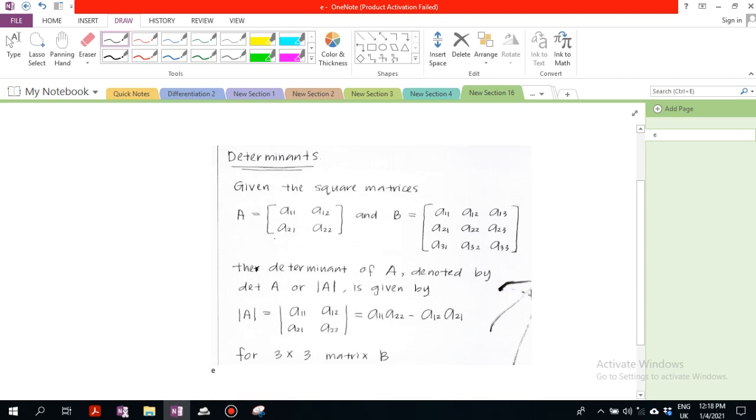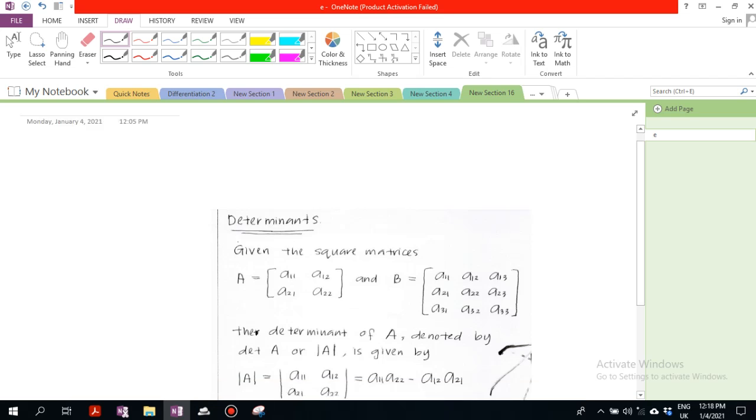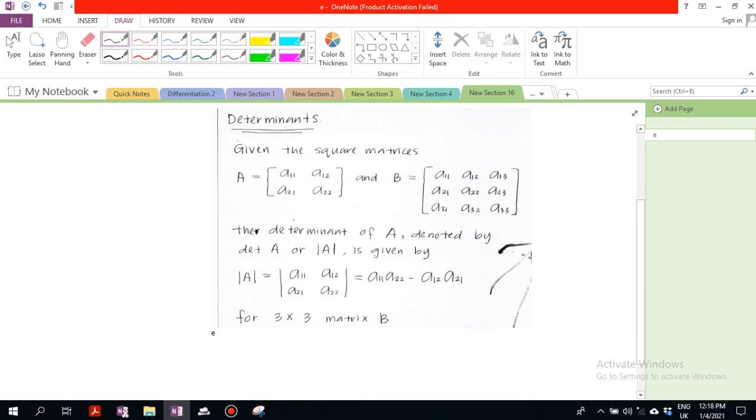Determinant, for example, we have a matrix A of 2 times 2, A11, A12, A21, A22, and B is a matrix of 3 times 3. So the determinant of A, denoted det A, determinant A, or A with a modulus.